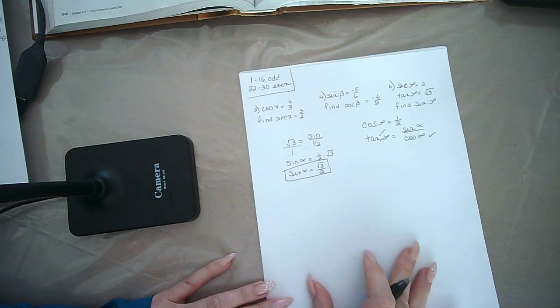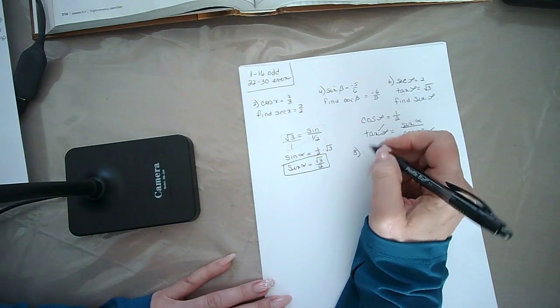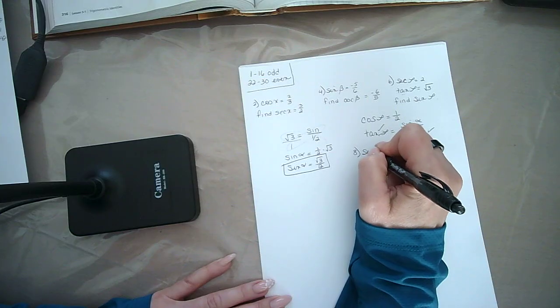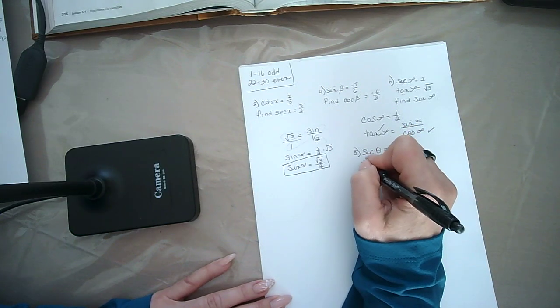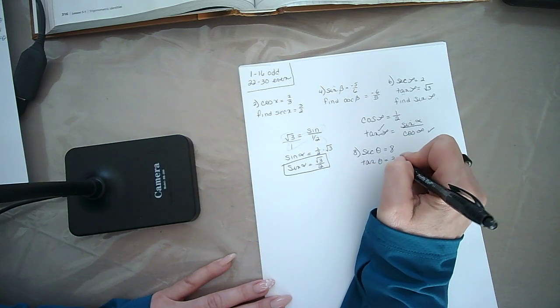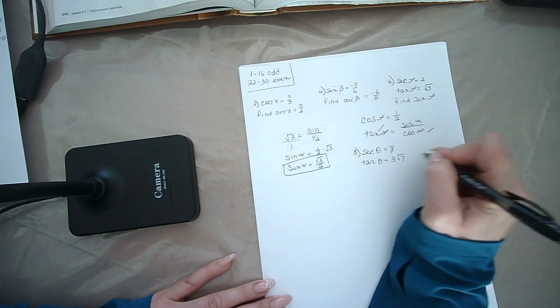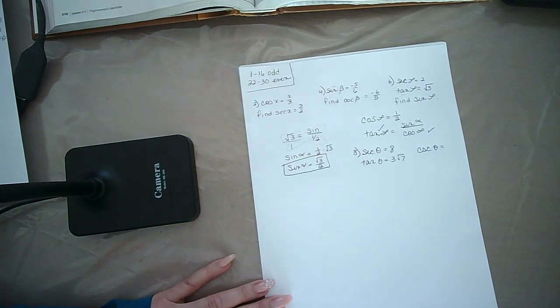Looking at 8 seems to be the same type of situation. Number 8 says secant, oh, they went back to theta, thank goodness, is 8. Tangent of theta is 3 over 7, and they want you to find cosecant. We're going to have to do a lot of flipping here.